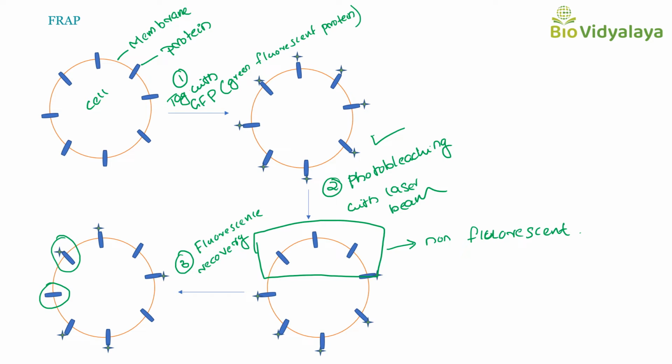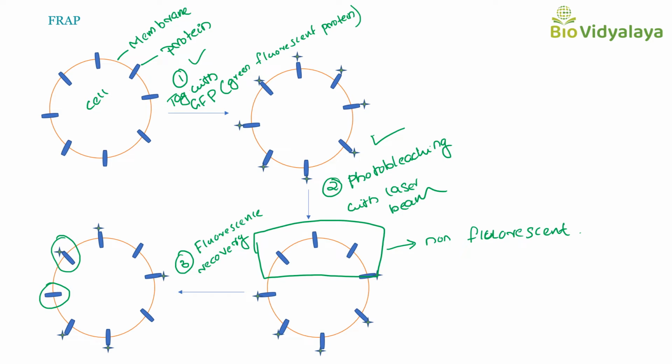First we will tag the membrane with some fluorescent molecule. Then we will bleach a specific area of the membrane with the help of a laser beam so that area will become non-fluorescent.